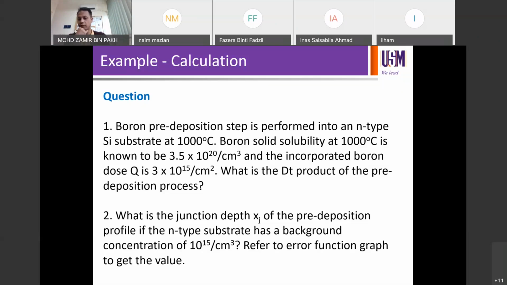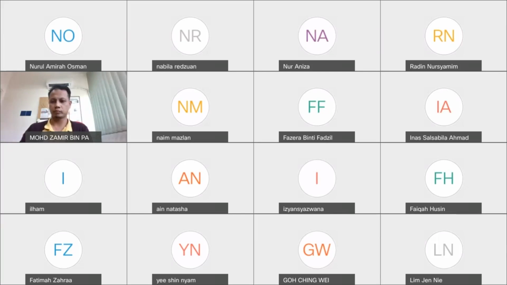Ilham, 5.8 times 10 to the minus 11. What unit, Ilham? Write down the unit as well. cm minus 2? Right, how about others? Who else has tried? Ain, 5.77 times 10 to the minus 11 cm squared. Okay, others? Anyone else who has gotten it? Just write it, it's okay. Same answer as Nabila, Shamim, okay.